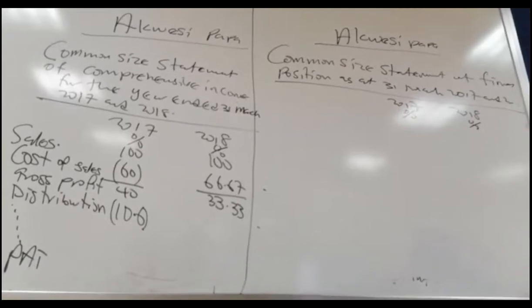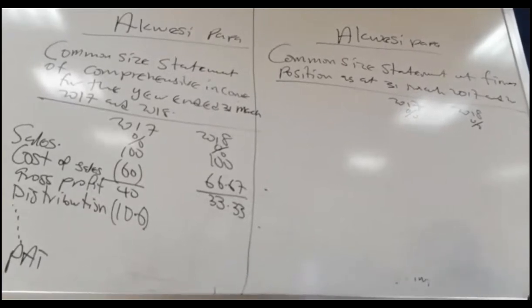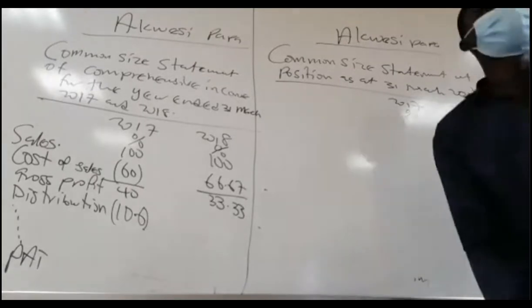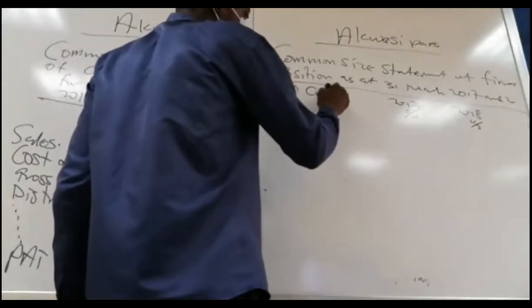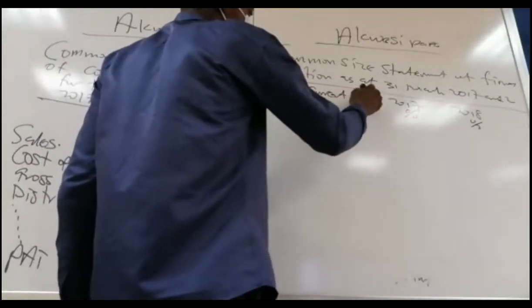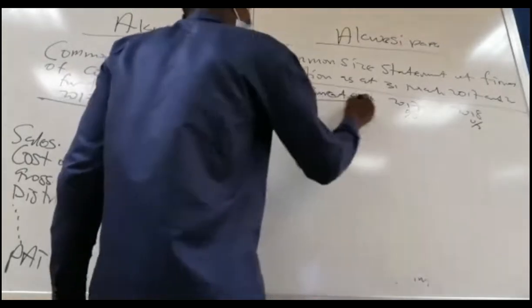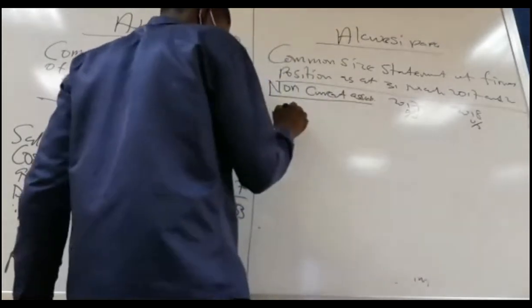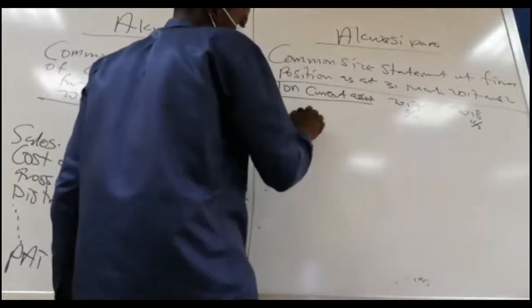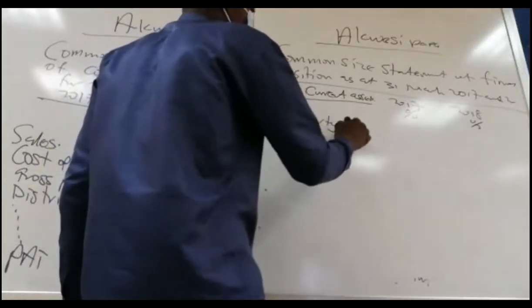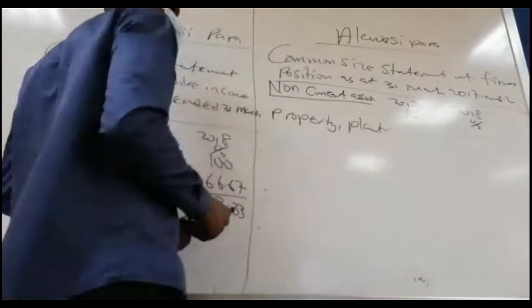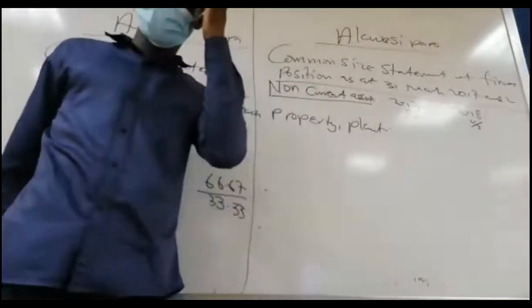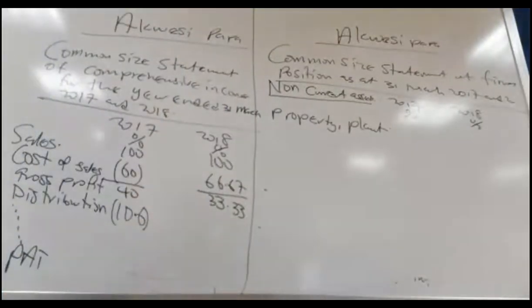So they started from non-current assets, right? So they wrote non-current assets. They start with PPE, right? So property, plant, and equipment. Then we pick that figure and divide it by total assets.